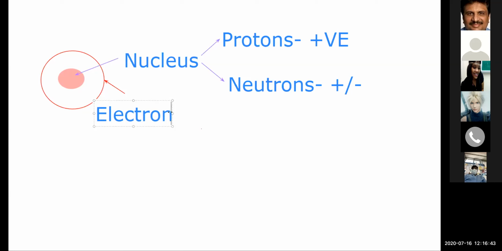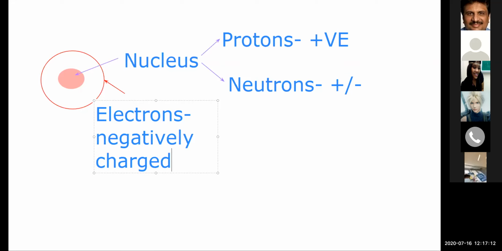Electrons are negatively charged particles. Now the question comes, there are positive, neutral, and negative particles.